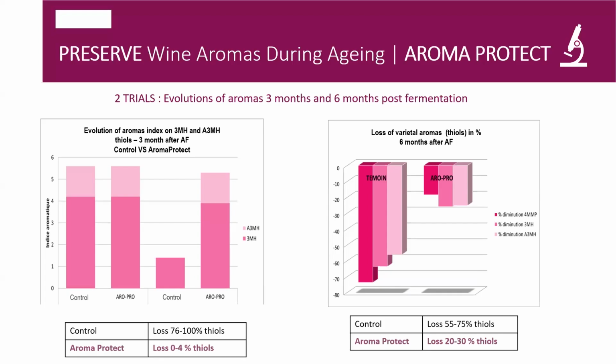And we can see that the control is losing from 55% to 75% of its thiols over time, compared to the wine treated with Aromaprotect, which lost only 20 to 30% of thiols. So this is very interesting to see how it can control the wine's aromatics and preserve them.